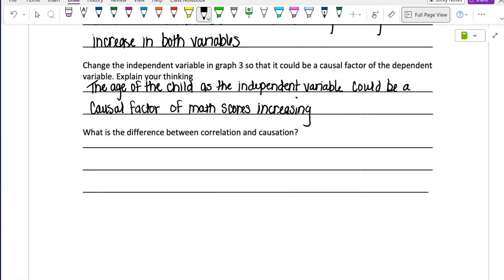And then the last question, what is the difference between correlation and causation? Correlation indicates that two variables are related in either a positive or negative way.